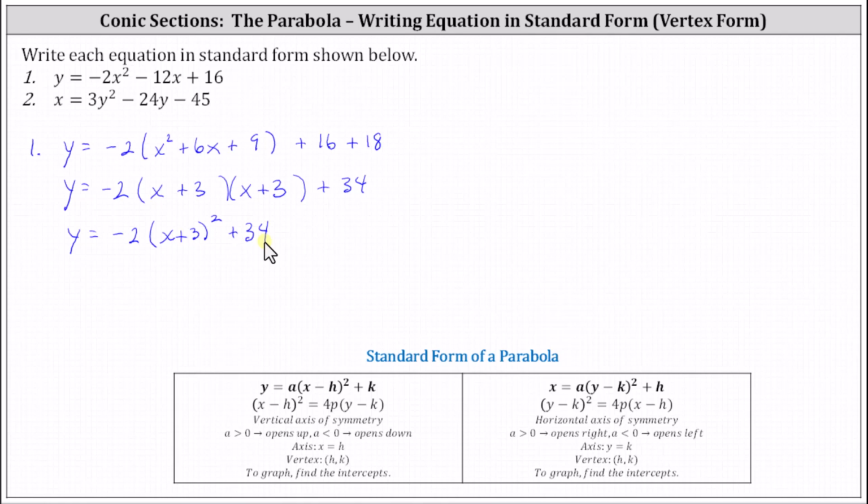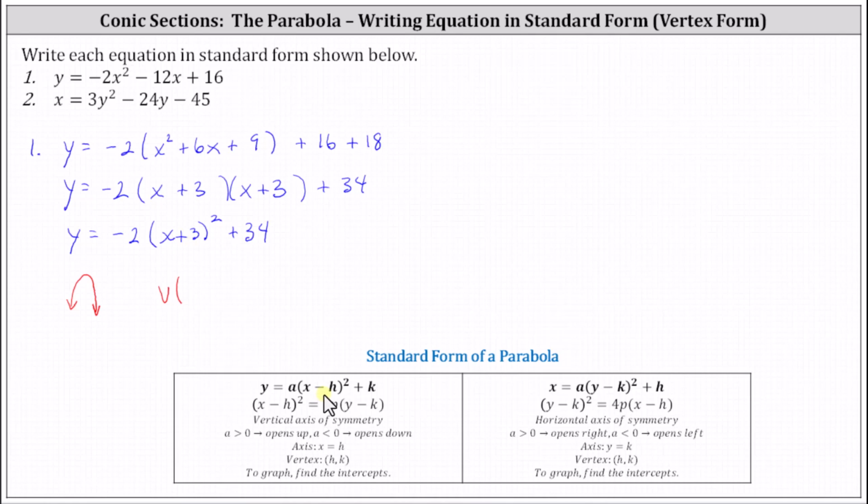Now that we have it in this form, we can tell a lot about the graph of the parabola. Because the x part is being squared, we have a vertical axis of symmetry, which means the parabola will open up or down. Because a is negative, we now know the parabola opens down, so the parabola would look something like this. And the vertex is h comma k. Let's also determine the vertex.